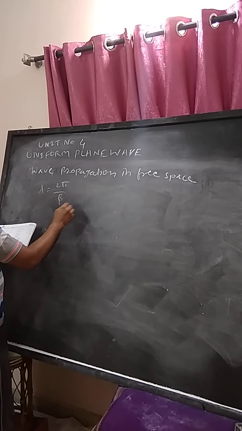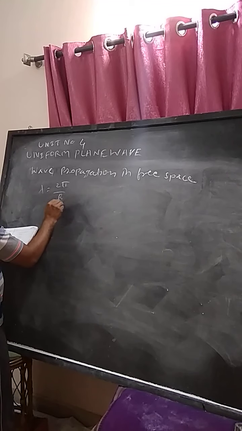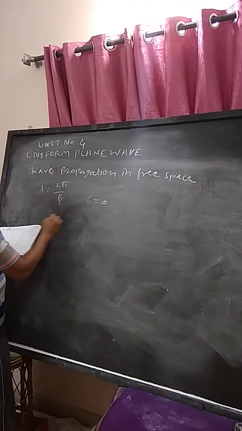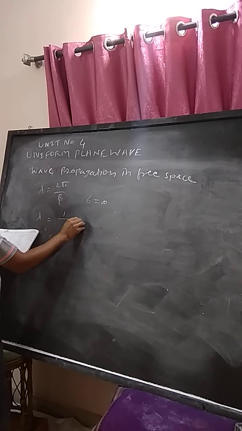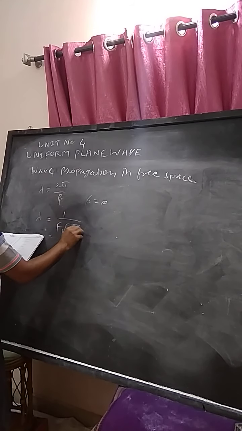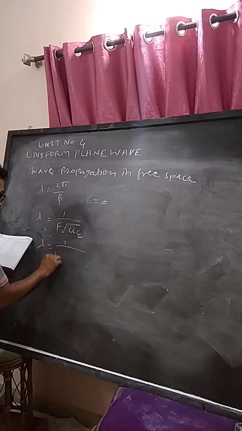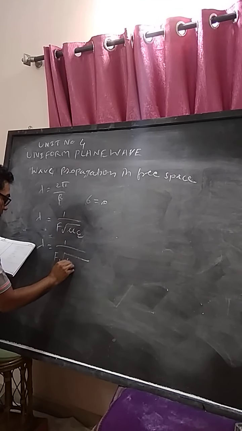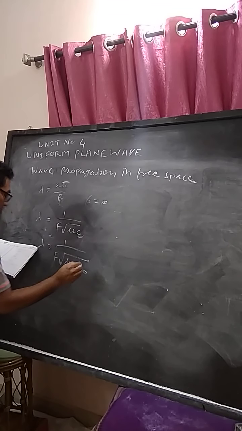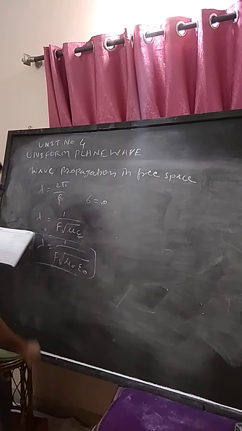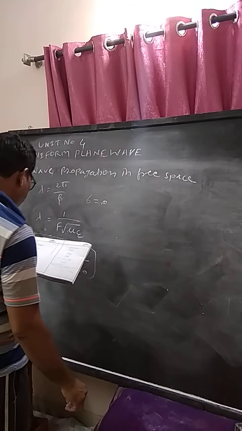By putting the value of beta, with sigma equal to 0, we will get lambda equal to 1 upon f under root of mu epsilon. So lambda is equal to 1 upon f under root of mu 0 epsilon 0 for free space. So this will be the equation for lambda converted for free space.